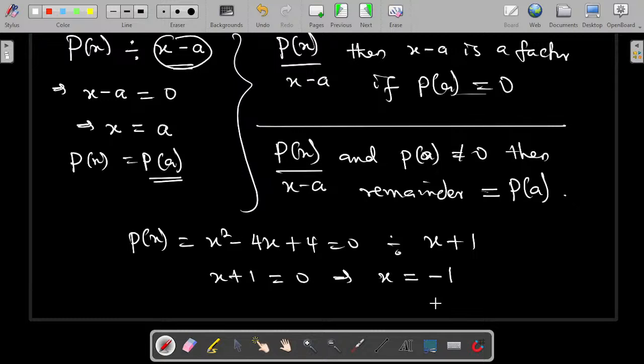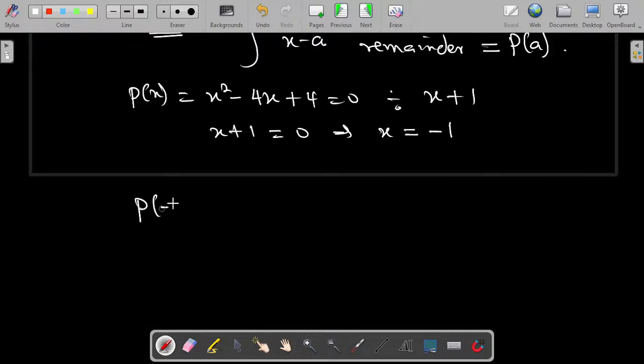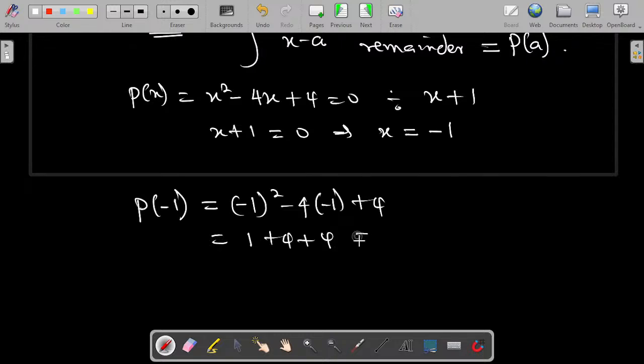If I substitute x as negative 1 into that polynomial, I have negative 1 all squared, which is 1, plus 4 plus 4, which is equal to 9.